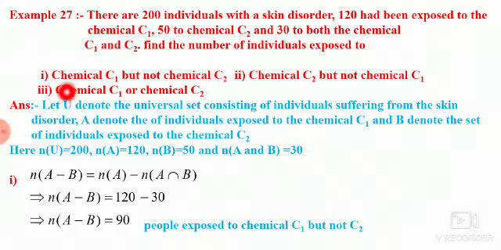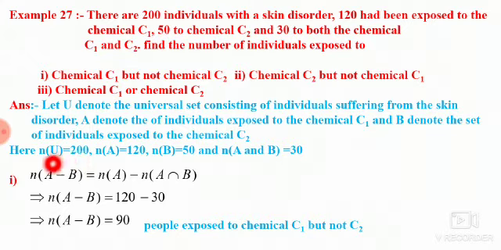Let me begin. Let U denote the universal set consisting of individuals suffering from the skin disorder. Capital A denotes the individuals exposed to chemical C1, and capital B denotes the set of individuals exposed to chemical C2. In the problem it is given that the total number of individuals is 200.